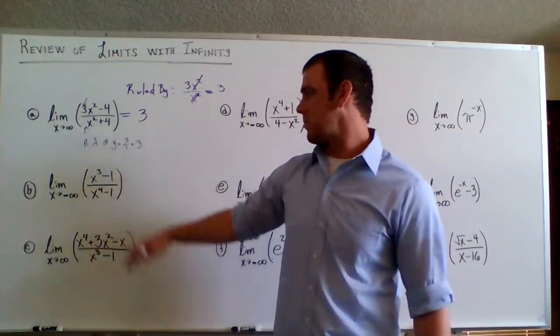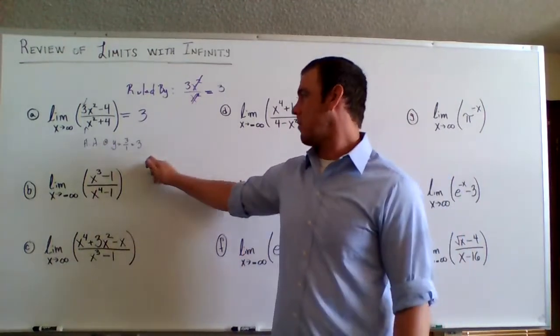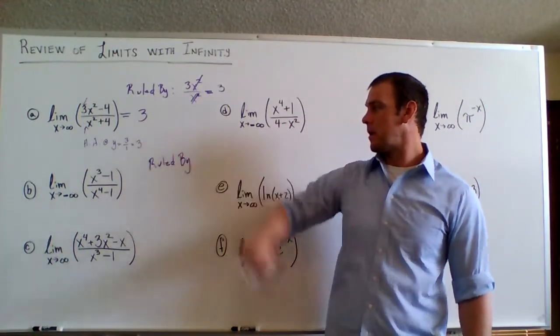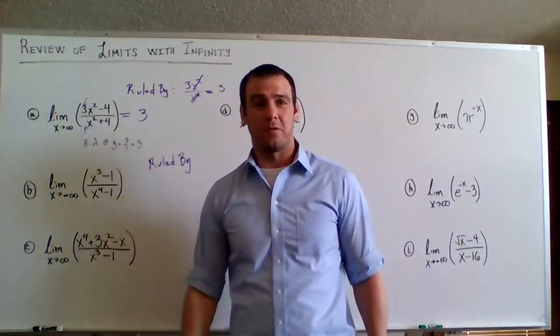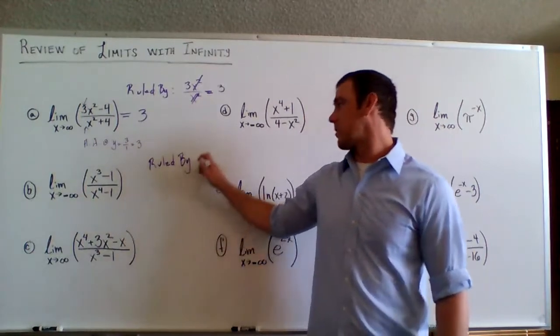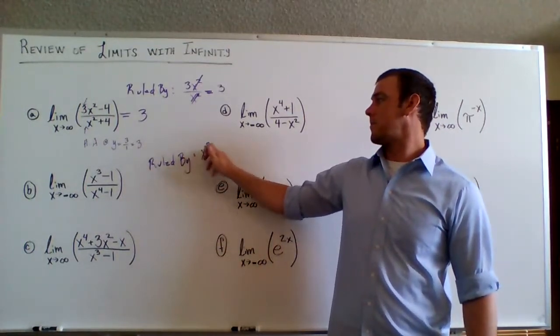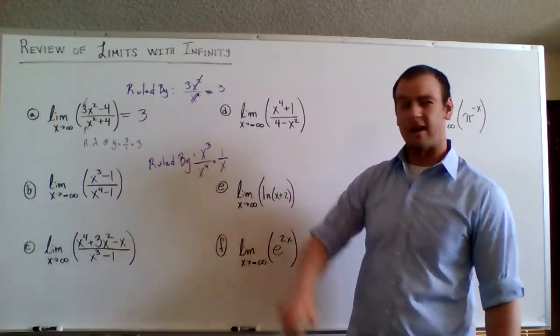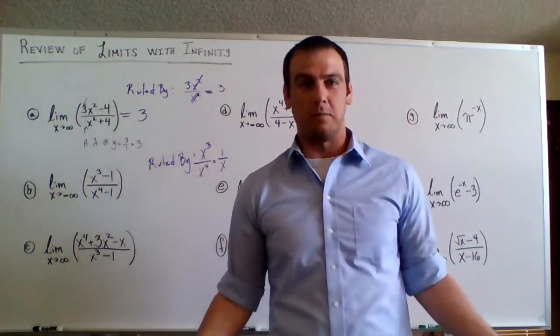For B, we could do a similar thing here. We could begin with ruled by for our end behavior. My most powerful thing on top is going to be x to the third. The most powerful thing on bottom is x to the fourth. That would reduce to 1 over x. That's essentially what our end behavior is going to look like.